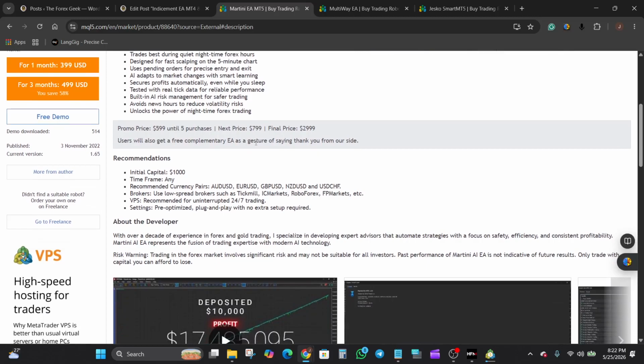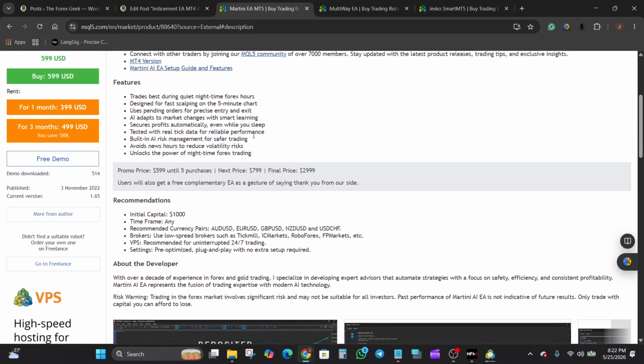Okay, so now moving into the feature breakdown, what stands out is the emphasis on adaptive AI behavior, where the system is supposed to adjust based on changing market conditions. It also highlights automated profit protection and real tick data testing, which suggests the developer has focused on execution realism.